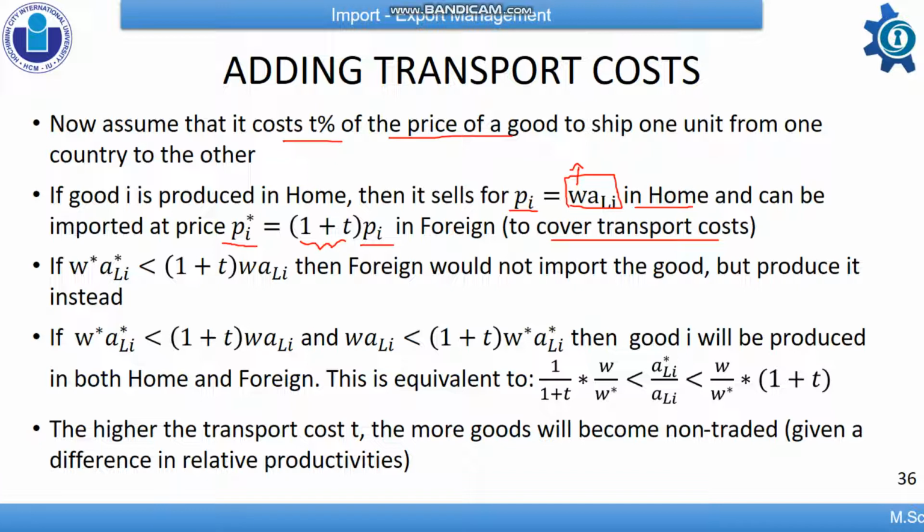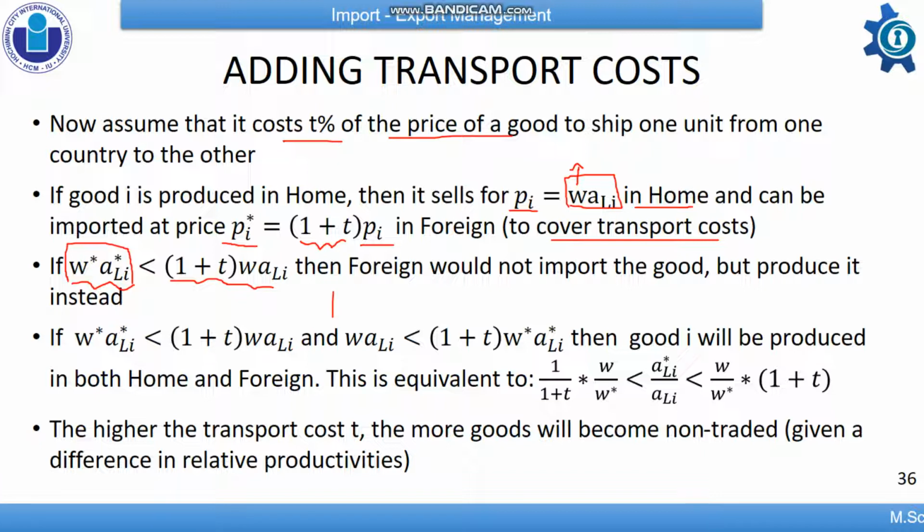So if the price for the foreign country to sell product I, if they produce it in the foreign country, is less than the imported price, they will prefer producing product I instead of importing it, right?